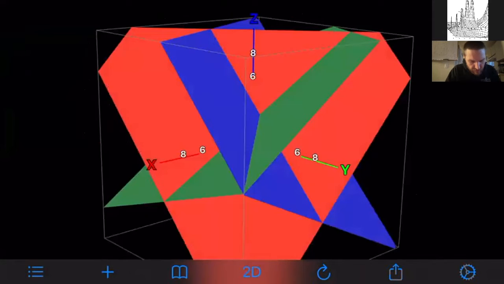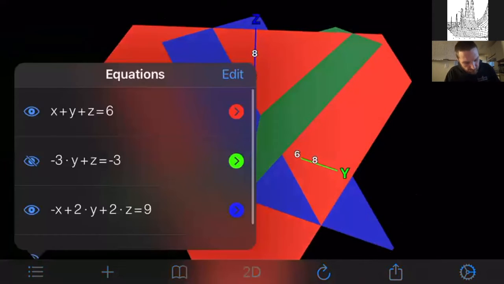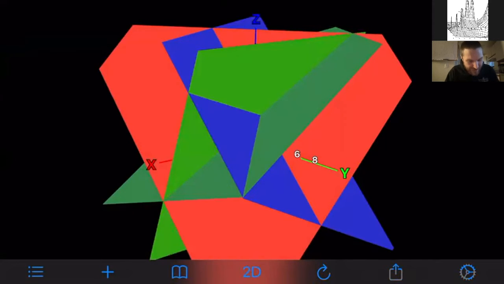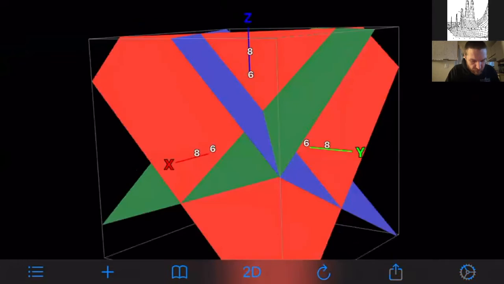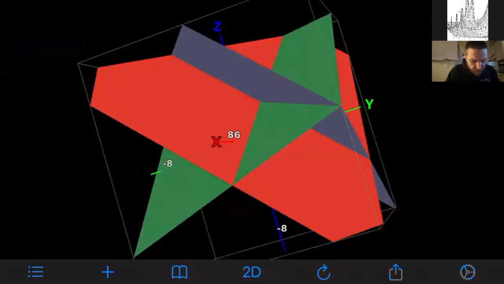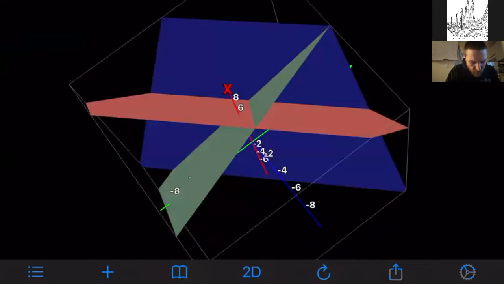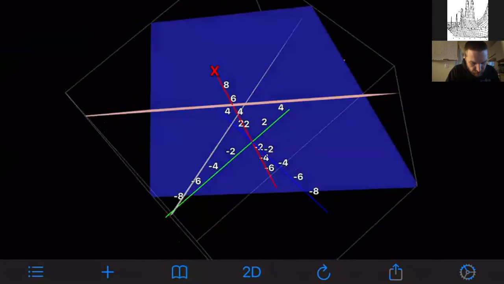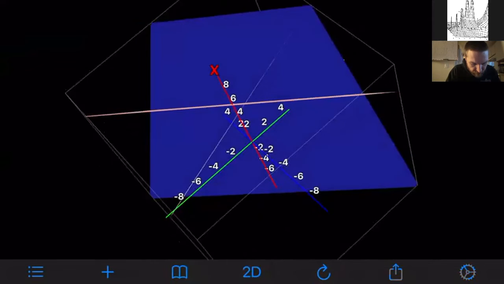What I'm going to do now is look at our new equation we got right here. And we can see it goes through that same point. And of course it has to, right? Because we could see that the original ones, get rid of that guy, the original ones, if we look at the line that the green and the red planes form, and we see where that thing intersects the blue, it's right in there somewhere, right where those two guys cross.